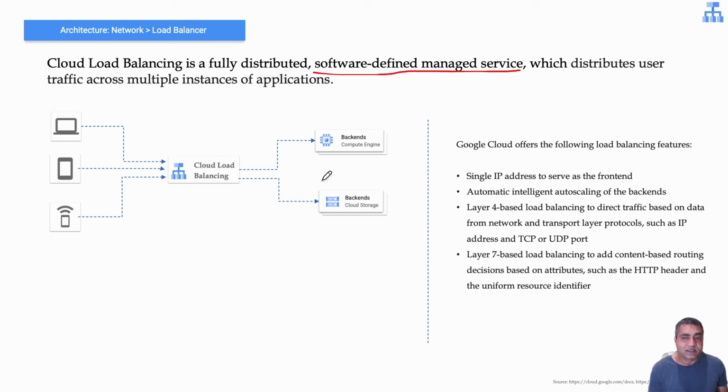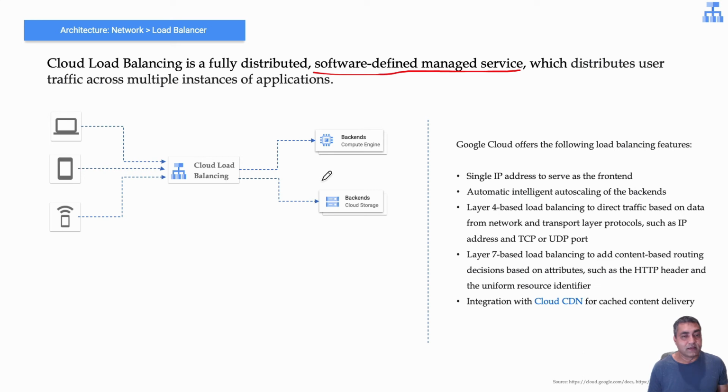Layer 7 based load balancing adds content based routing decisions based on attributes such as the HTTP header and the uniform resource identifier. So it's basically based on /purchase, /payment, /search. Those kinds of content based routing, it can do that.